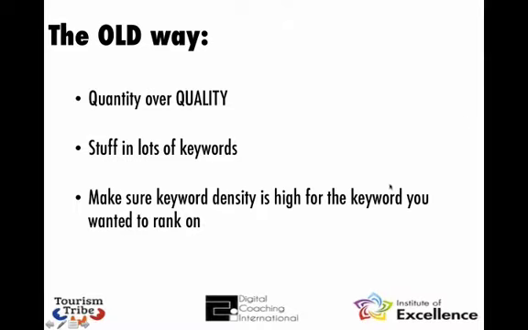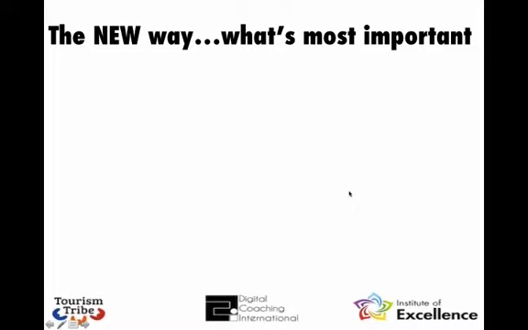But what matters today is keeping things new, fresh, and high quality. So what I'm going to talk a lot about today is adding value, and lots of it, to the visitors coming to your website. So what matters to Google today? They want to ensure that their user experience is valuable.